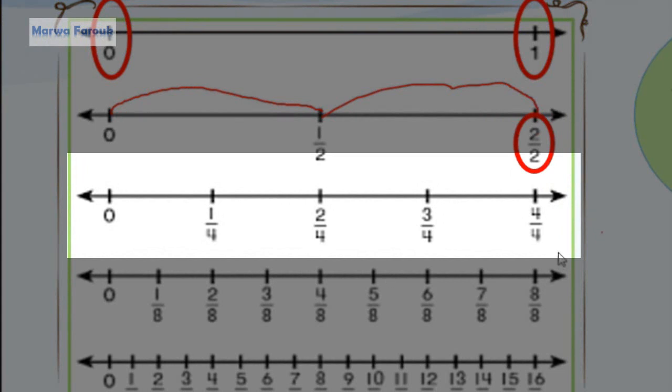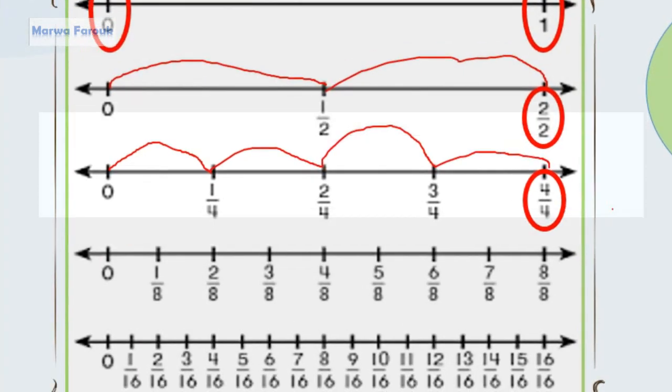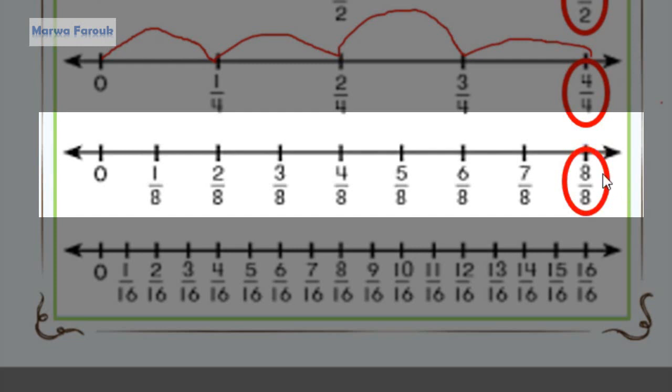The next one, who can tell me, will be what? It will be 4 equal parts. Who can tell me why? Because the denominator here is 4, so it will be divided into 4 equal parts. 1, 2, 3, and 4. Excellent. The next one will be 8 equal parts. 1, 2, 3, 4, 5, 6, 7, 8.